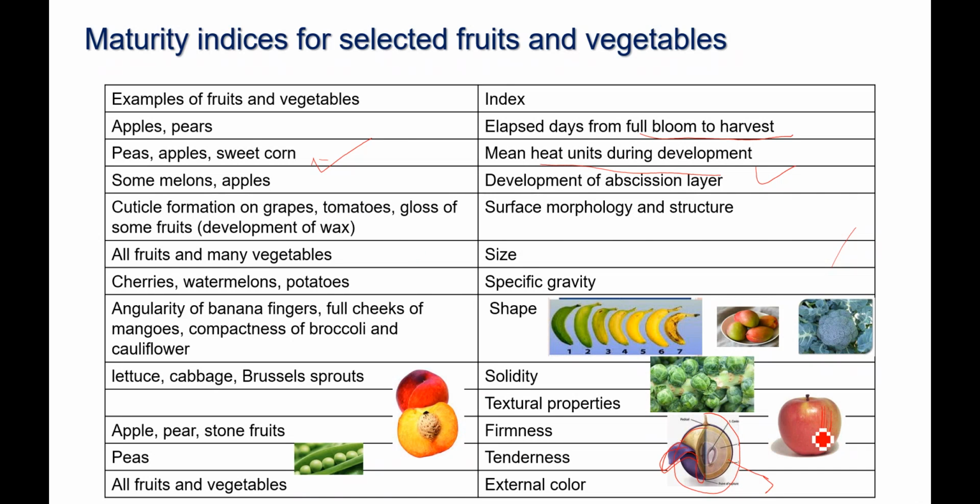If it is not completely mature, this gloss is not developed. In a matured or ripened apple, you see the gloss or wax development, and on banana. So surface morphology and structure is an index for fruit and vegetable harvesting.